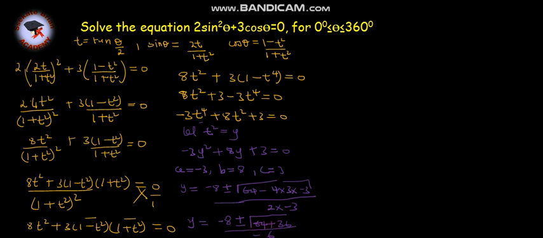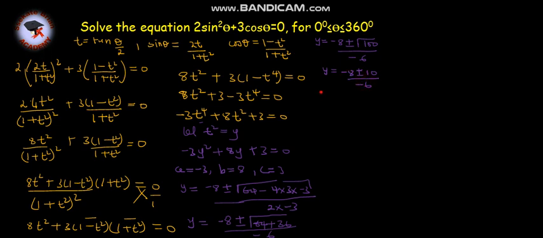So y is equal to negative 8 plus or minus root of 100 divided by negative 6, so y is equal to negative 8 plus or minus 10 over negative 6.